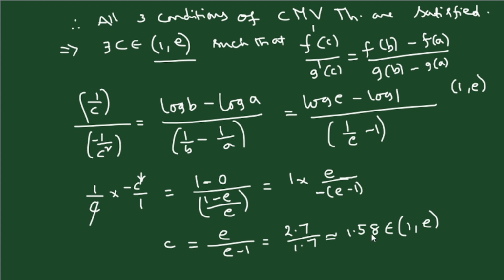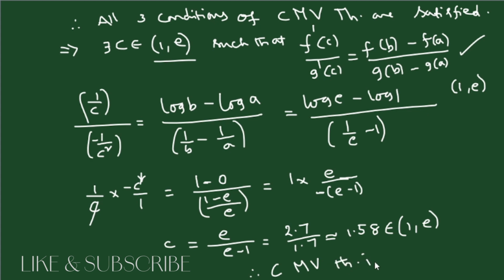It is greater than 1 and less than 2.7. Therefore, it lies between 1 comma e. Mission successful. As Cauchy told, we are able to find a c in between 1 and e for which this is satisfied. Right? So therefore, Cauchy mean value theorem is verified.